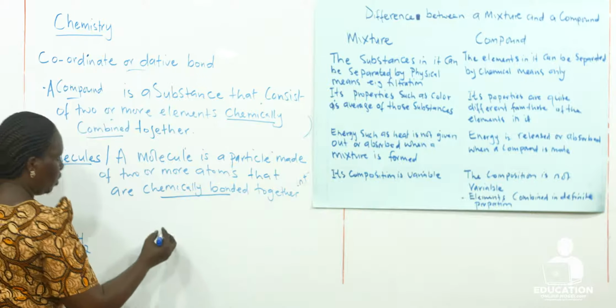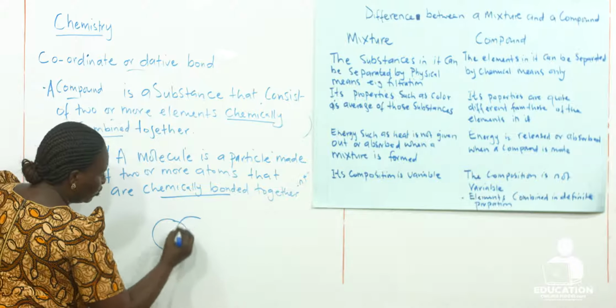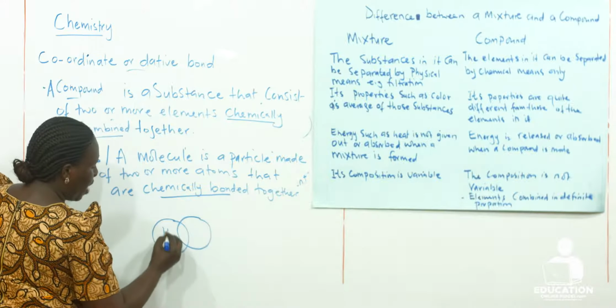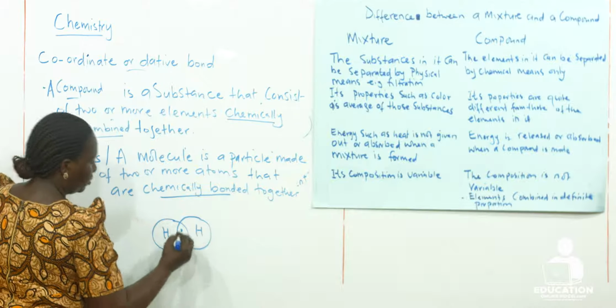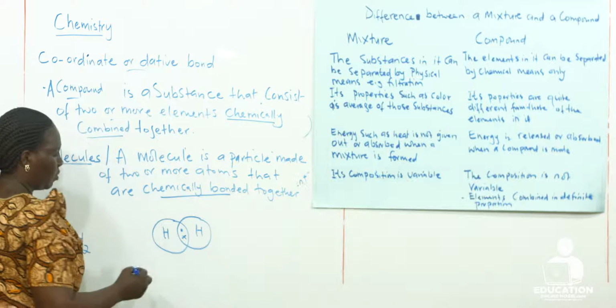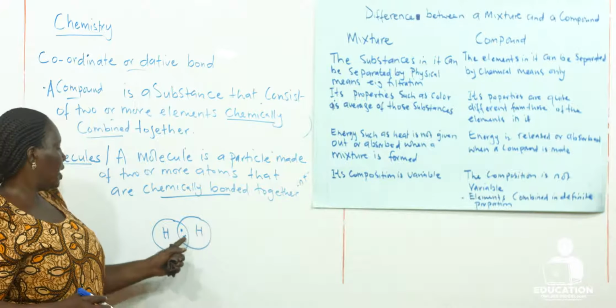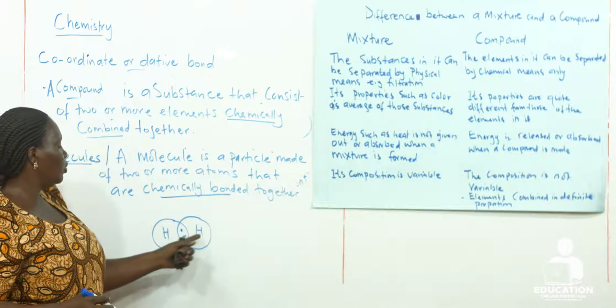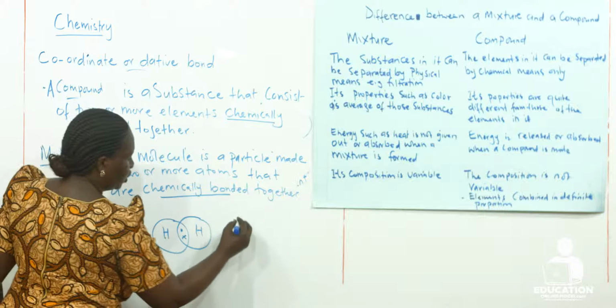So we have the two atoms of hydrogen. Each will contribute its only one electron. And then we have a single bond that will hold the two atoms together to give us the hydrogen molecule.